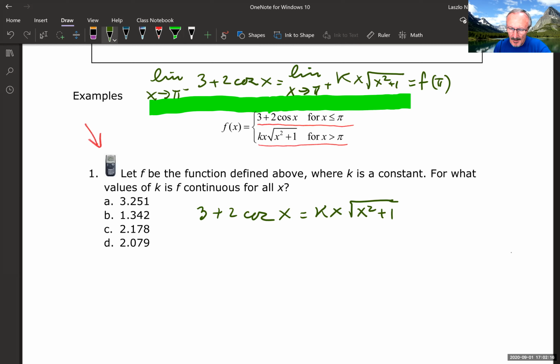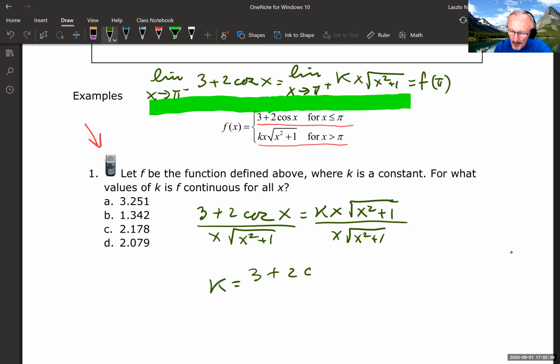And at this point, we need to solve for k. So dividing by the x times radical x squared plus 1 on both sides gives us the following. We have k is equal to the ratio of 3 plus 2 cosine of x, all that over x times the square root of x squared plus 1.